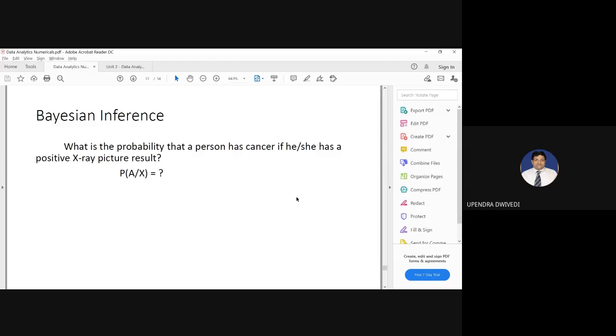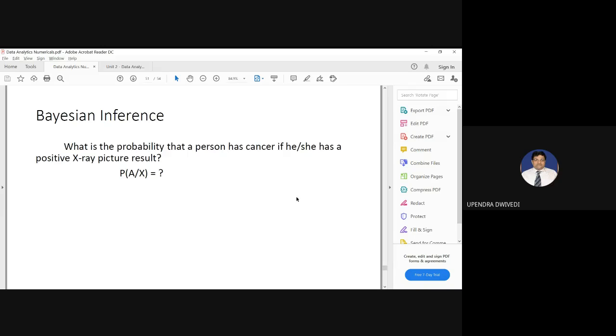Now, we have to find the probability that a person has cancer if he has a positive X-ray result. Meaning the given information is that he has a positive X-ray picture result. Whatever X is, that is given, and based on that you have to find out whether the person has cancer or not.